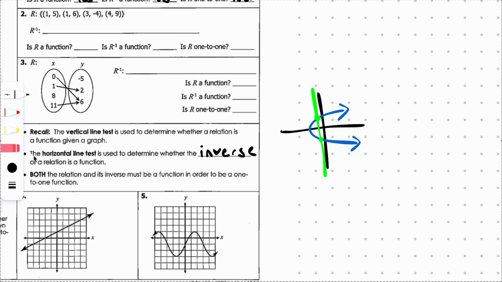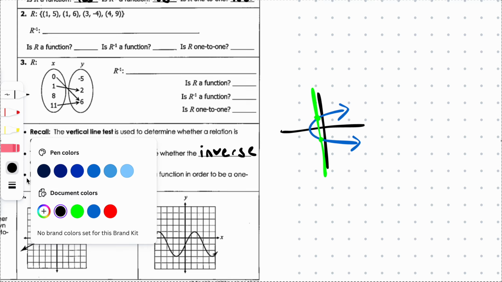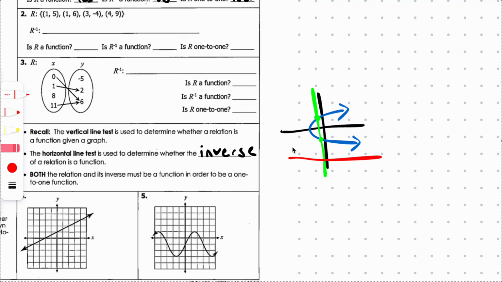If we do the horizontal line test, essentially we draw horizontal lines and we see, do they ever intersect more than one time? And in this case, we see that they don't, that they always intersect once. This would mean that the inverse of this function that you can see in blue below would be a function.